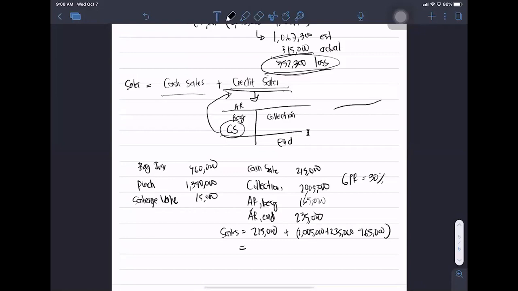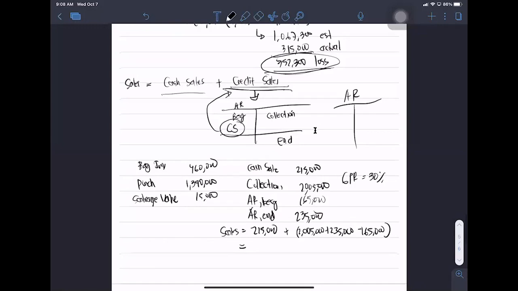So we use this T account. So gagamitin natin yung T account. We have here your AR beginning amounting to 165,000. We have your AR ending 235,000 and collection of 2,005,000.